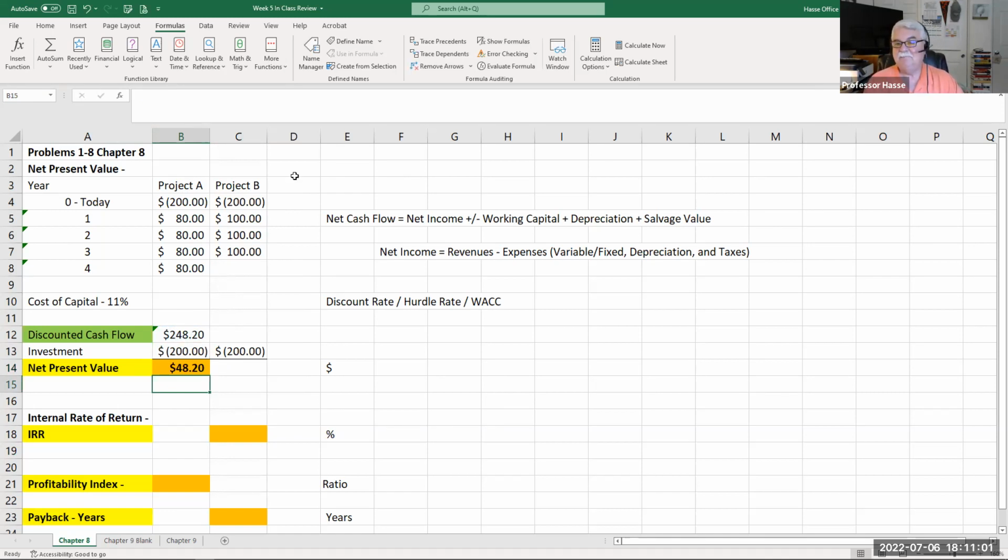That's the NPV. The good thing is it's positive. We're making money over the life of this, over the depreciable life of this asset.